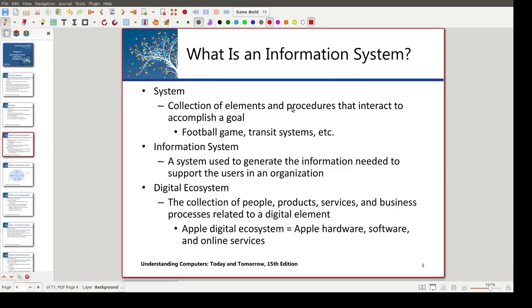At the very beginning, we would like to tell you what is an information system. What is a system from the very beginning? It is a collection of elements and the procedures that interact to accomplish a goal. Simple examples are a football game: a collection of elements, players, referees, audience, supporters, and so on. So these are elements.